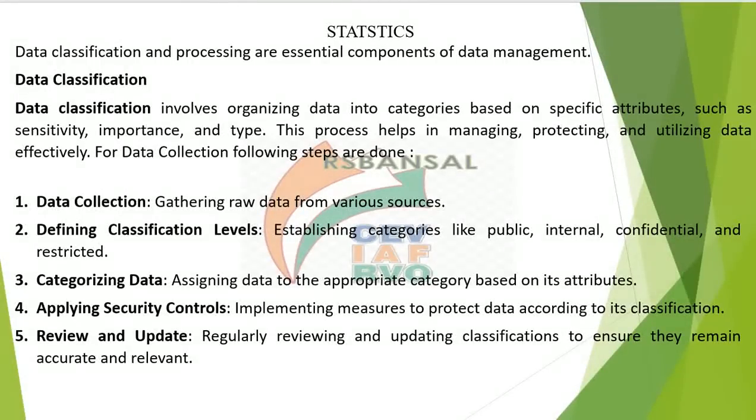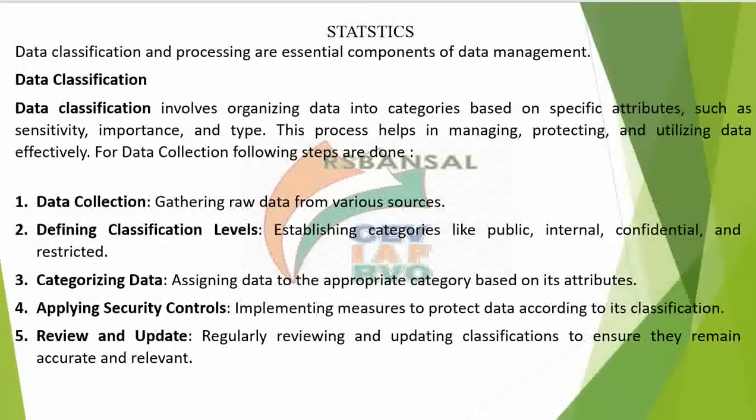Basically, it involves organizing data into categories based on specific attributes such as sensitivity, importance, and type of the data. So first you have to classify the data according to its attributes: how sensitive the data is, how important the data is, and what is the type of the data.